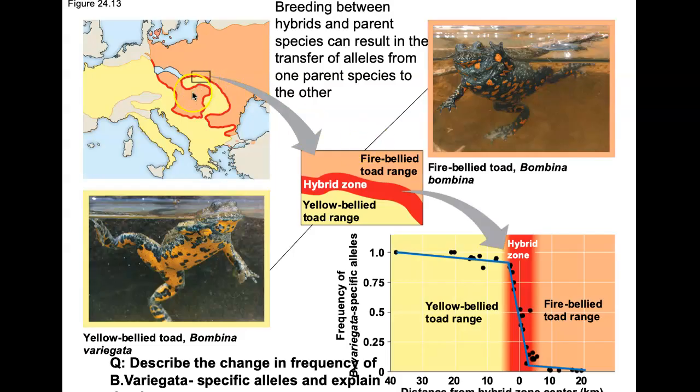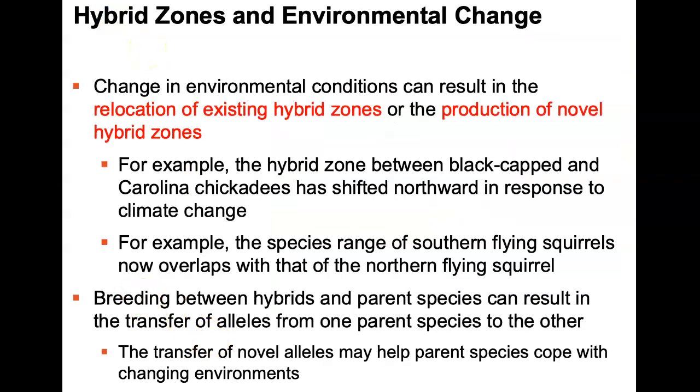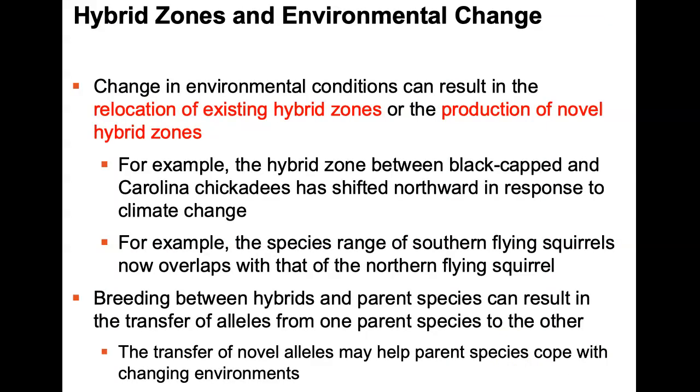This hybrid zone can move in a certain direction, or you can even have a new hybrid zone over here, for example. And then the breeding between the hybrid and parent species can result in the transfer of alleles, right? If you think about it, we're mixing up the gene pools, we're transferring the alleles from one parent species to another, which is also what this graph was trying to show you.